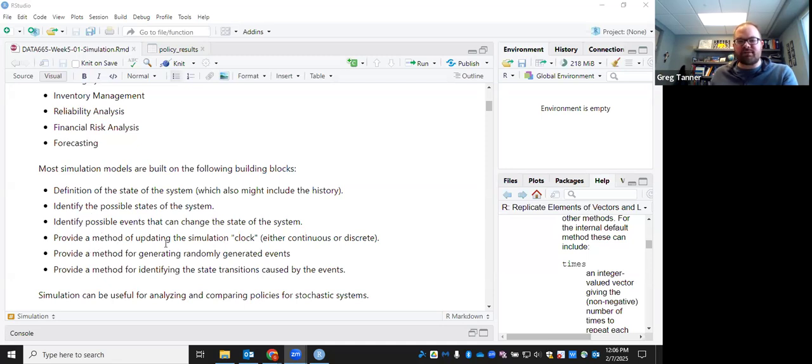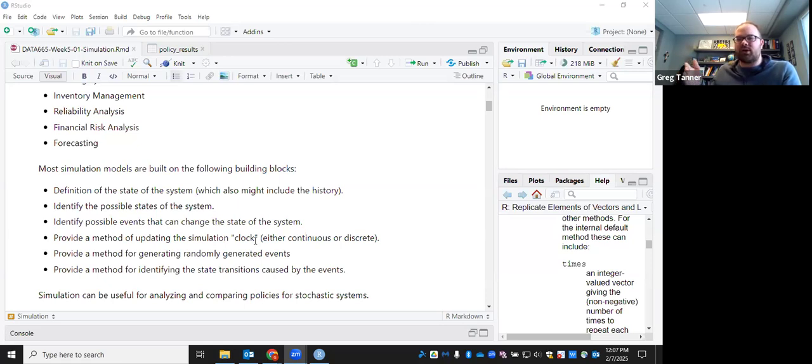Most simulations have some sort of simulation clock. I put that loosely because not always are you simulating something over time, but maybe you're simulating a bunch of things happening in parallel. But usually there's some sort of clock, and it can either be a continuous clock, where you simulate how much time till the next event, and we'll see that as an example when we get into queuing theory.